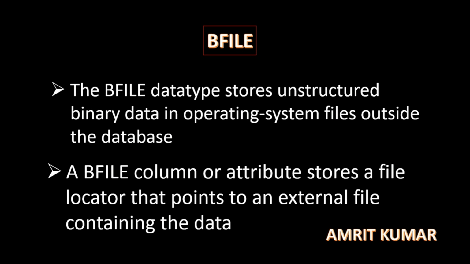Also, a BFILE column or attribute stores a file locator that points to an external file containing the data. A column is also called an attribute; we have studied these terms, an attribute in technological terms. So a BFILE column or attribute stores a file locator that points to an external file containing the data.